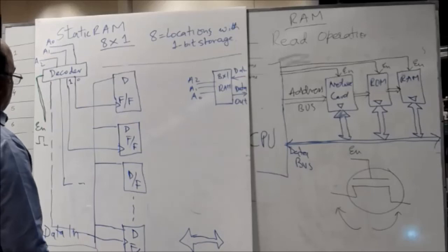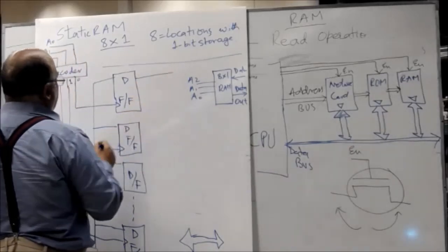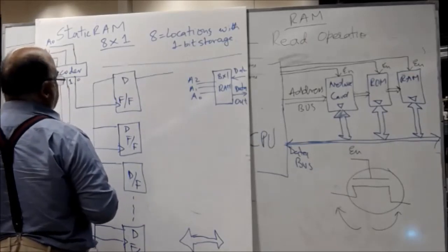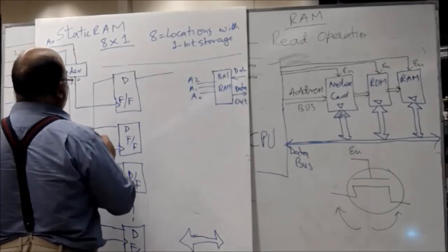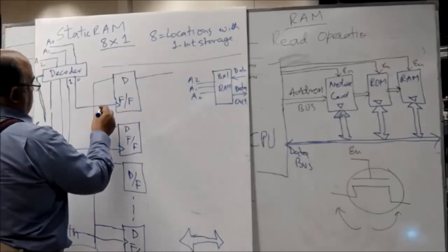How to read now? The question is, how do we read? For the read purpose, we use this enable circuit, like this.